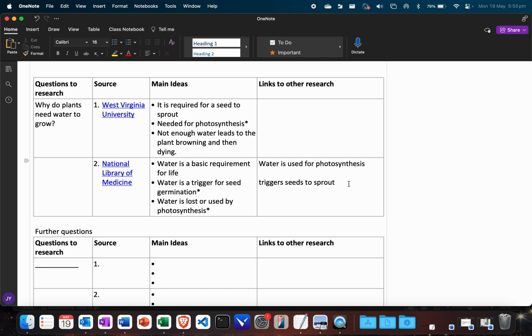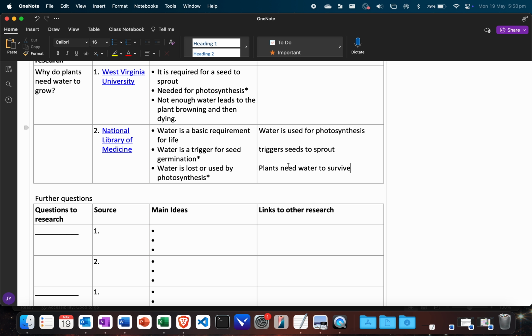So plants need water to survive. So here I've got 2 different sources, and they've both kind of told me the same thing, right? And they seem like reputable sources. Well, then these main ideas are probably correct. Okay? I at least have a better idea that they are correct because I have multiple sources telling me the same thing that are kind of reliable.